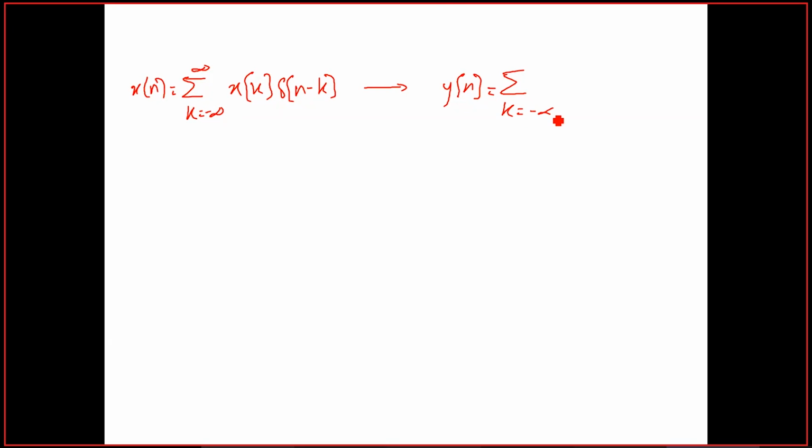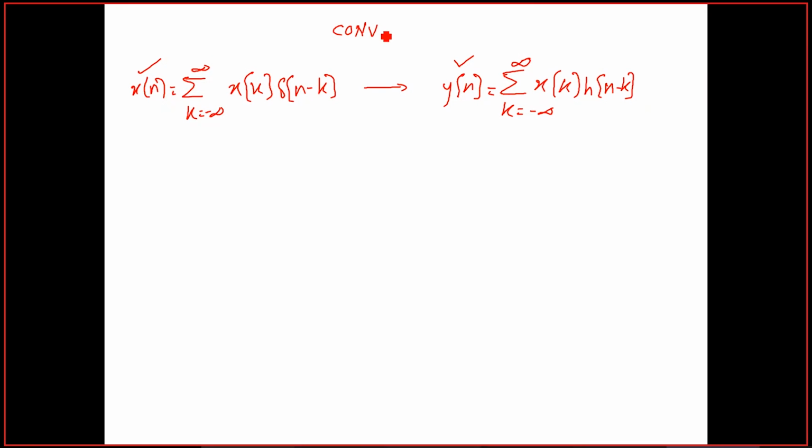So this is the whole theory base or concept of convolution. A sum of scaled delayed impulses gives you a sum of scaled delayed impulse responses as an output. This is the concept of convolution.